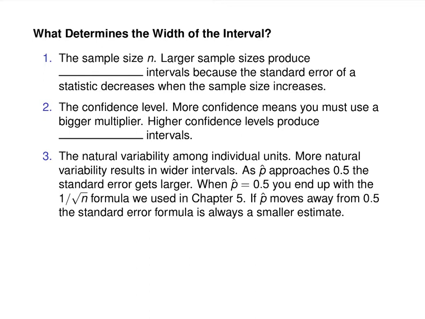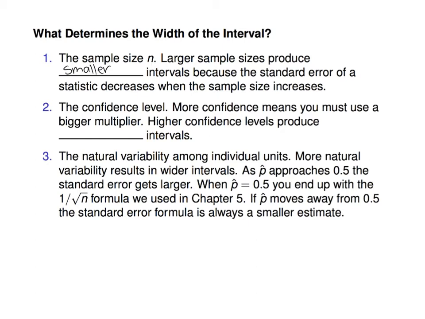Larger sample sizes produce smaller intervals because the standard error of a statistic decreases when the sample size increases. Of course, what I'm assuming here is we're keeping the confidence level the same. But a bigger sample makes a smaller standard error, which means you have a narrower interval.